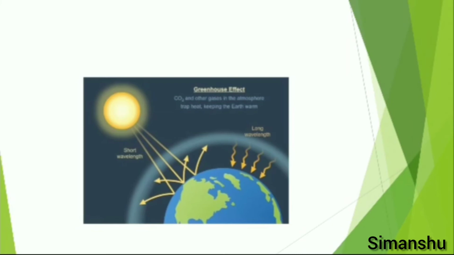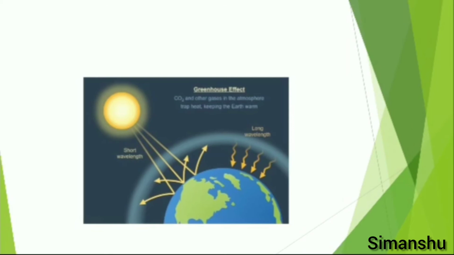They entered the atmosphere, and after striking the earth they moved upward. Striking means these rays were absorbed by objects on earth and re-emitted. After reflection they are not able to move out and are coming back. That waved radiation, where it is written long wavelength, is coming back toward the earth.